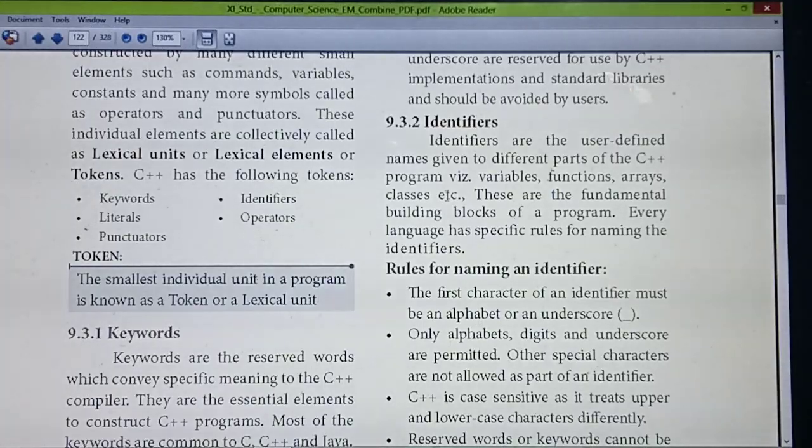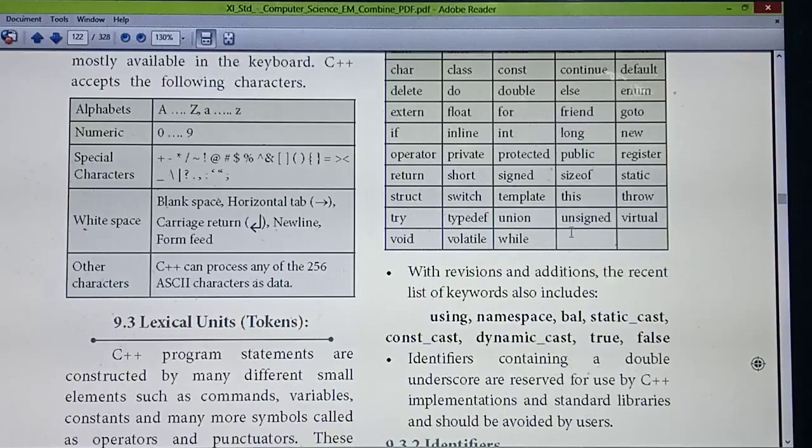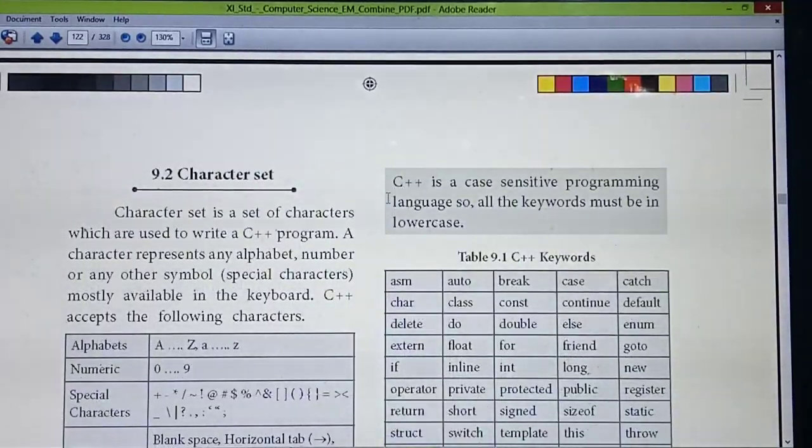Then second 3-mark question, listen carefully. Same page, page number 116. C++ is a case-sensitive programming language. These 3 lines. Okay. This is the first point.